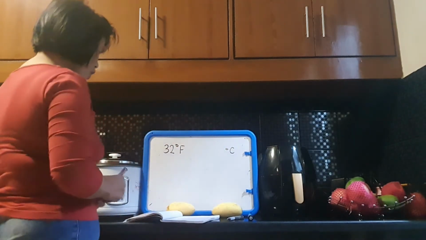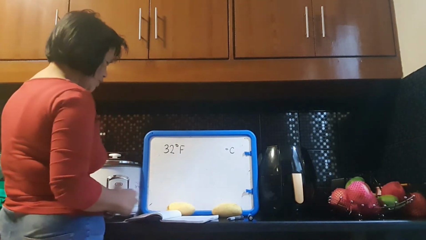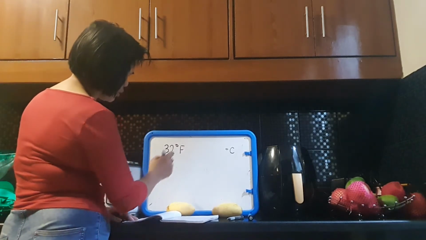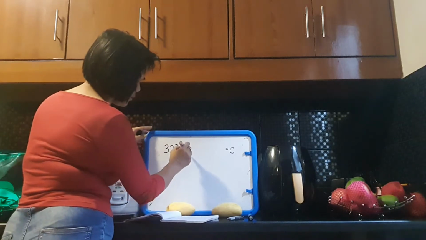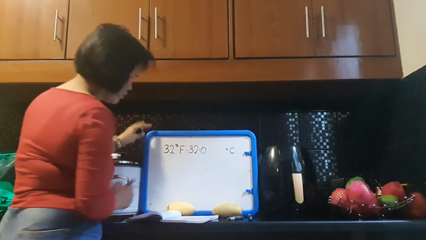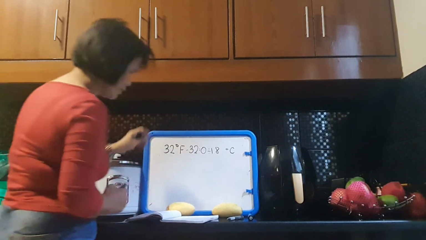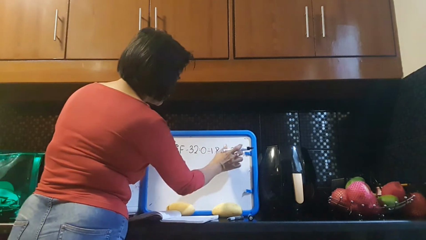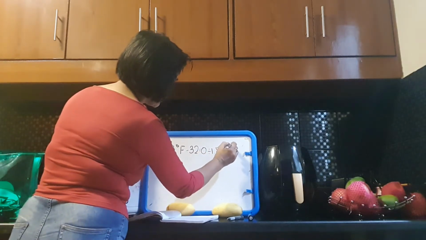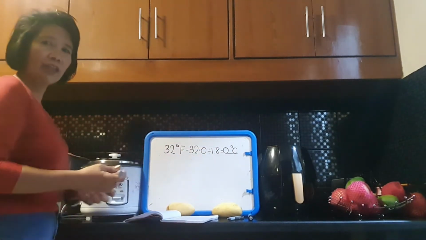The simplest thing to do is 32 degrees Fahrenheit minus 32, which is equal to 0. Then you divide it by 1.8. So 0 divided by 1.8 is equal to 0 degrees centigrade. That is its value.